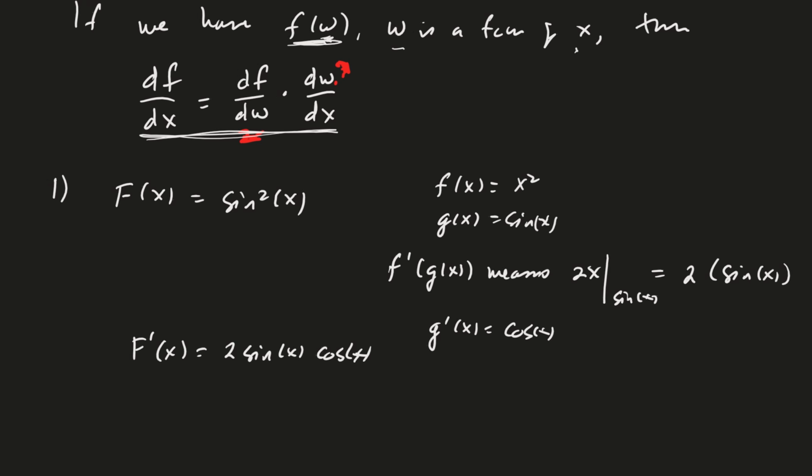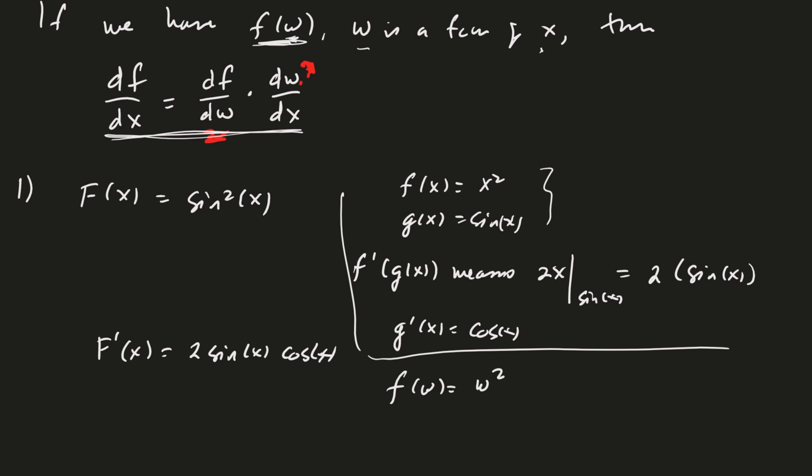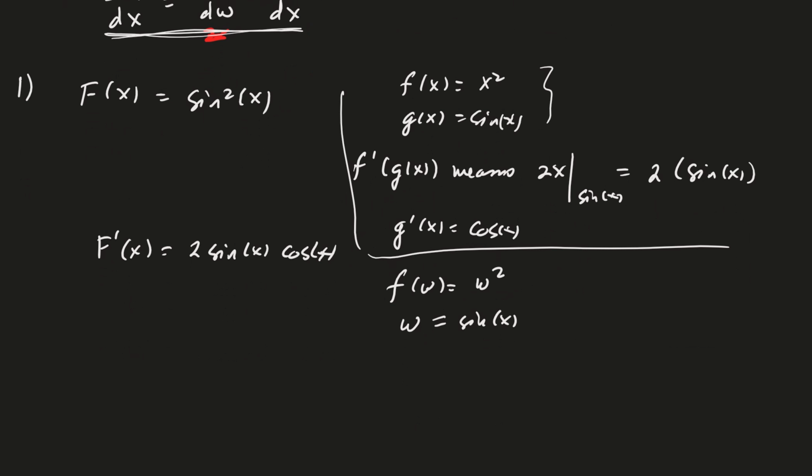In a similar way, instead of having all these x's, you could say that we have f of w equals w squared, where w is equal to sine of x. Then the chain rule says that we take df over dw, which is 2w, and dw over dx is just the cosine of x.